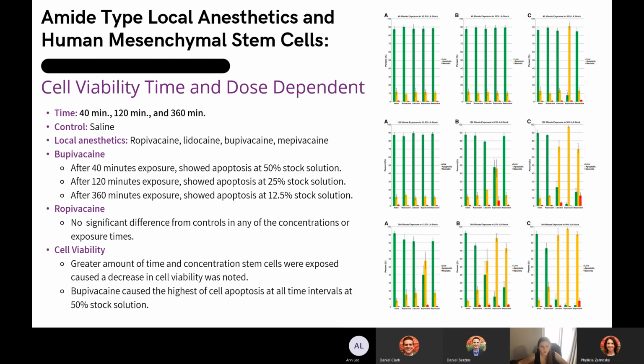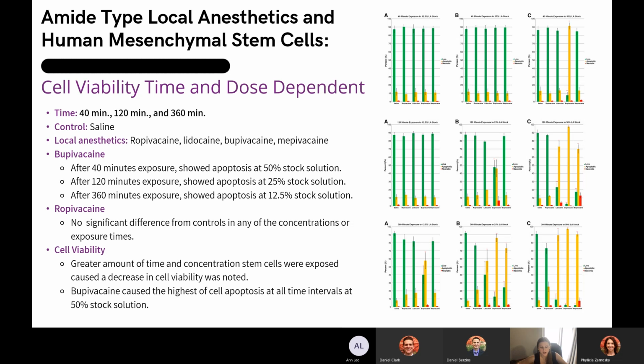Bupivacaine reached a significant increase in apoptosis at the lower concentration of 12.5%. Lidocaine, bupivacaine, and mepivacaine showed significant apoptosis at 25% of the solution.